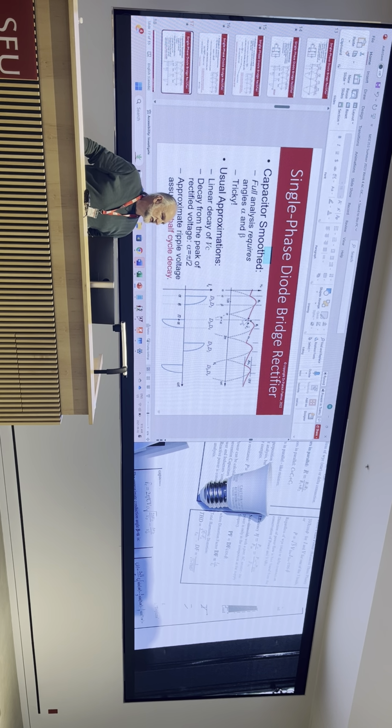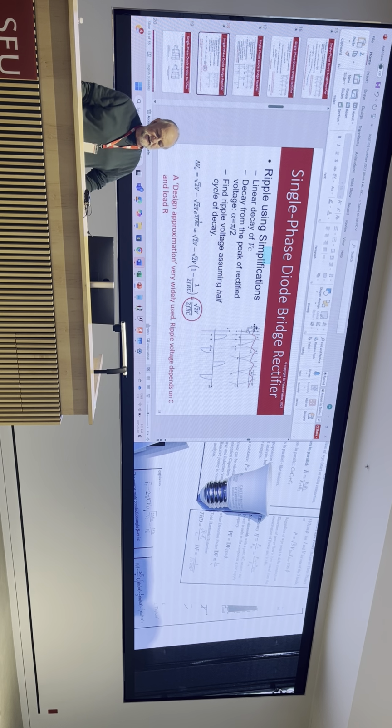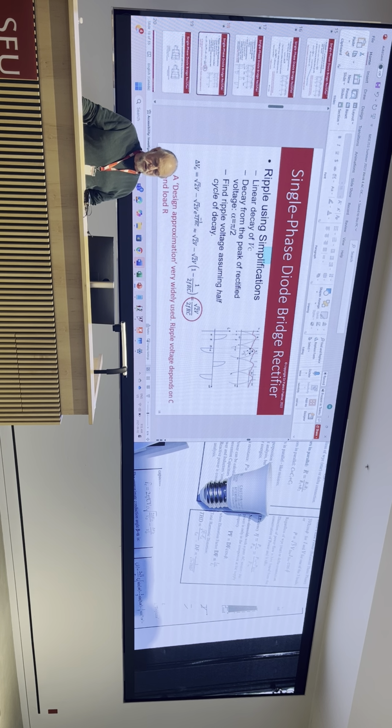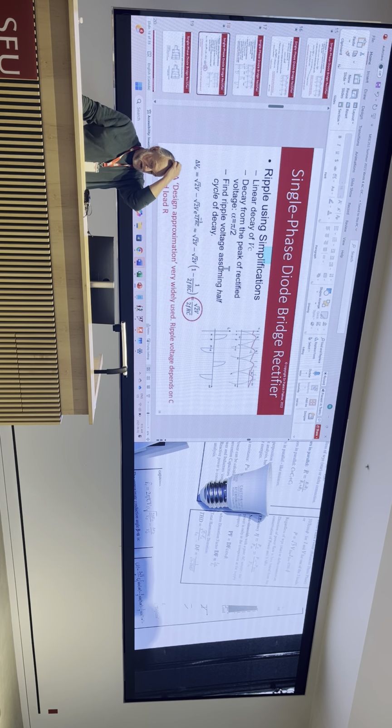So the usual simplifications then, a linear decay of the capacitor voltage from one peak for a whole half cycle, so that's pi by 2, and then that sort of helps quite a lot, because then we can find our ripple, and it's the ripple we're interested in the end.